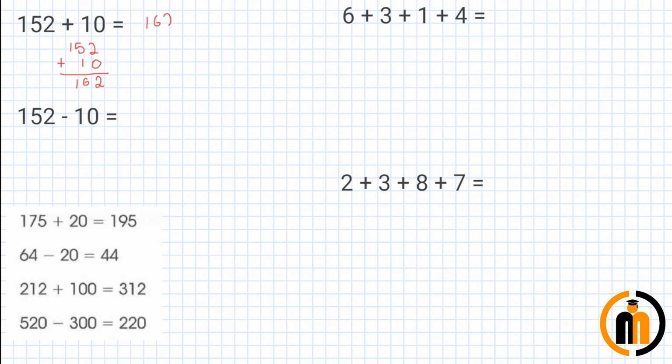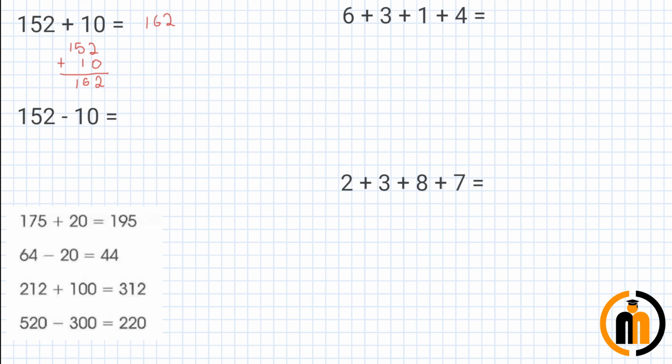If you look closely, you can add this mentally. For example, 152 plus 10, the 0 you can ignore, but in the tens position there's a 1 and a 5, and you add them together, you get 162.